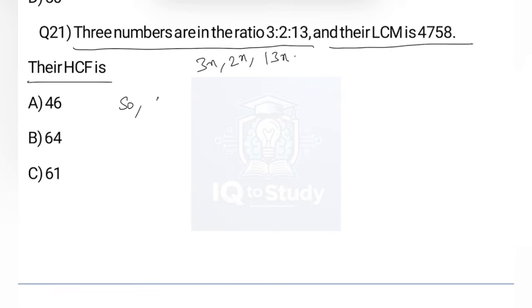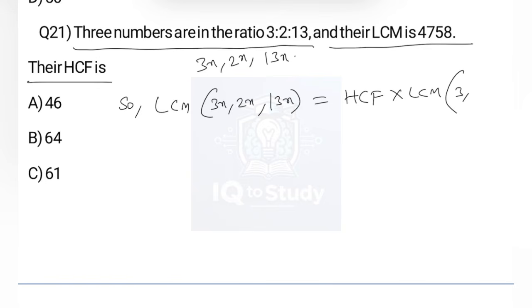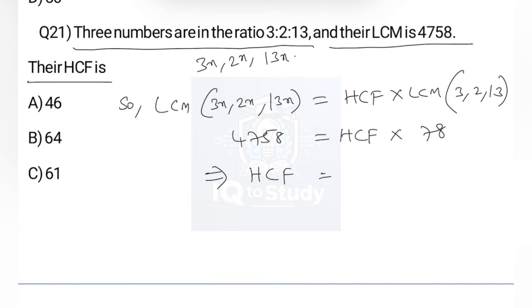So, LCM of 3x, 2x and 13x is equal to HCF into LCM of 3, 2, 13. According to the question, the LCM is 4758. That is equal to HCF into, we know that the LCM of 3, 2 and 13 is 78, which implies HCF is equal to 4758 divided by 78, and the answer is 61.